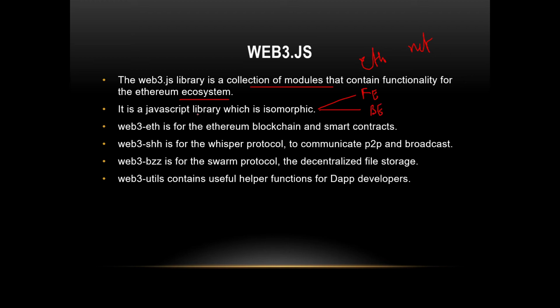Sounds cool. Now we have Web3-ETH, which is used for the Ethereum blockchain and smart contracts. Web3 SHH is used for the Whisper protocol to communicate and to broadcast. Web3 BZZ is for the Swarm protocol, the decentralized file storage, and Web3 utils contains useful helper functions for application developers.